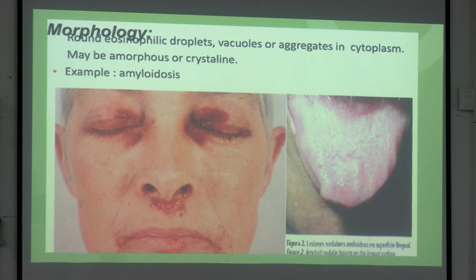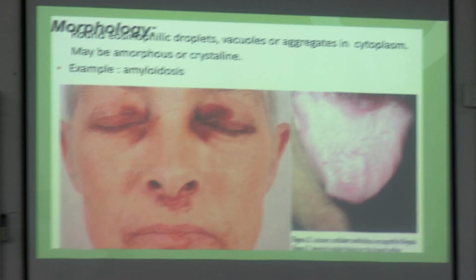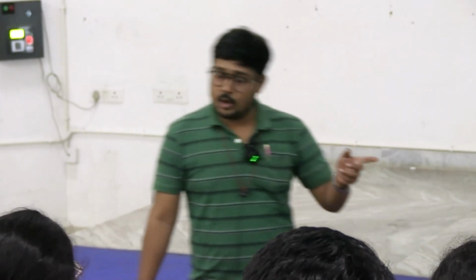ওকে, সো ইন্ট্রাসেলুলার অ্যাকুমুলেশন, starting from our first slide, what we taught is that the accumulation results from either normal constituents of abnormal cell metabolism or abnormal constituents of normal cell metabolism. So amyloidosis is entirely abnormal.